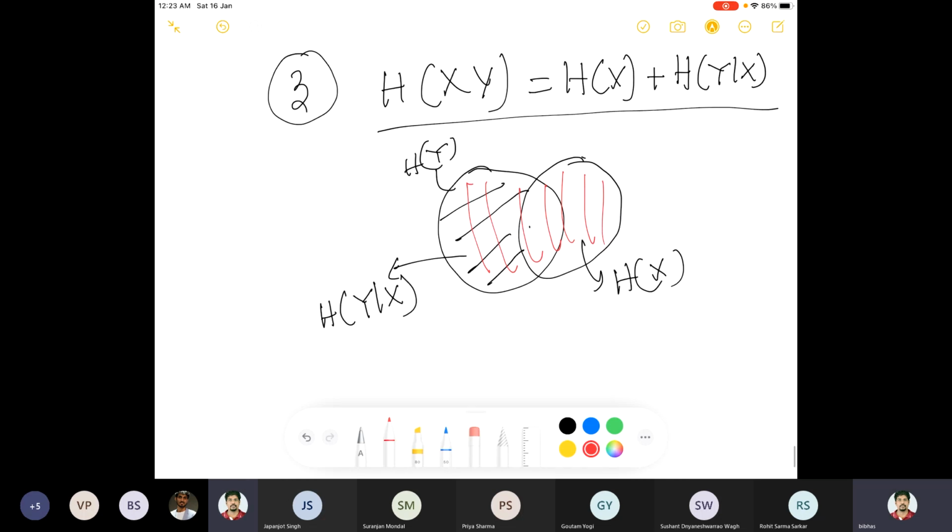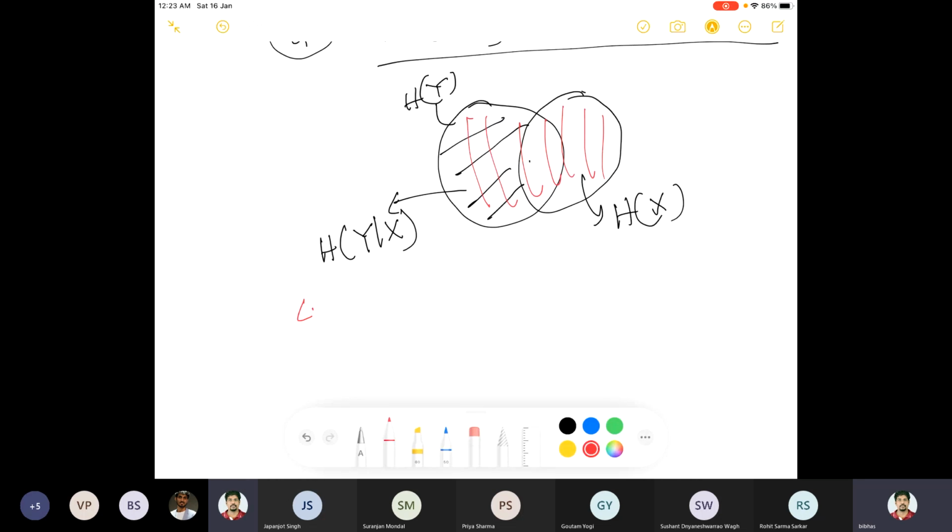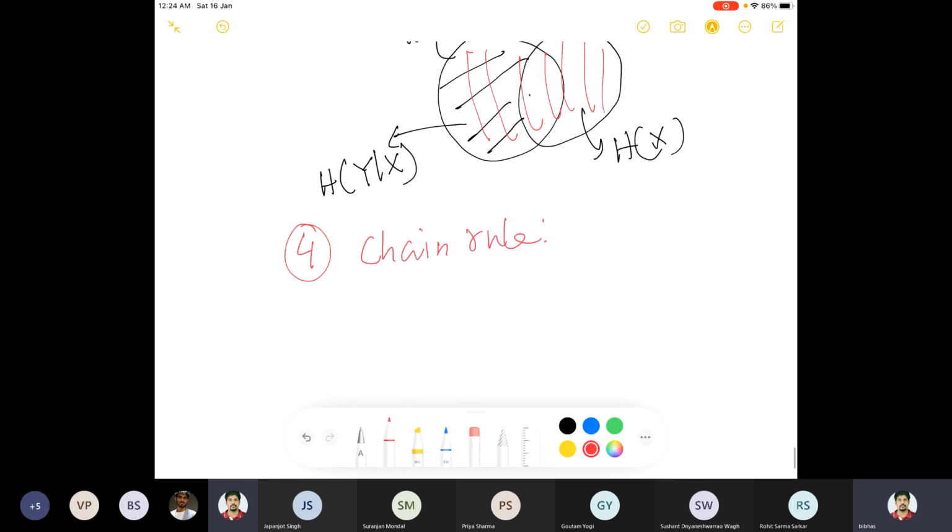We have also stated another thing yesterday, which is the chain rule. I gave you a hint about how to prove it.